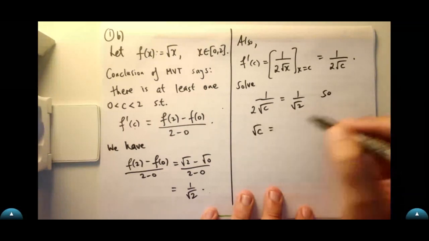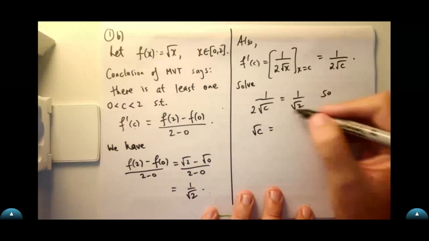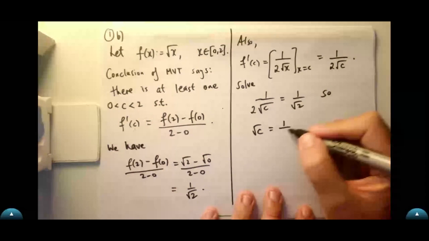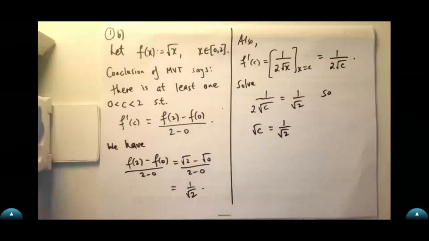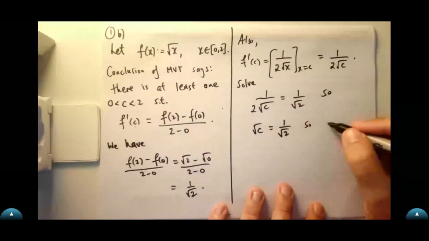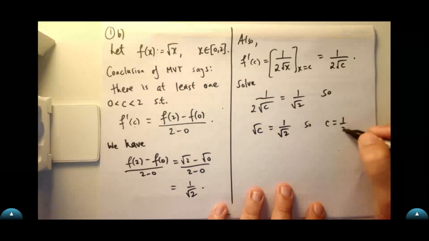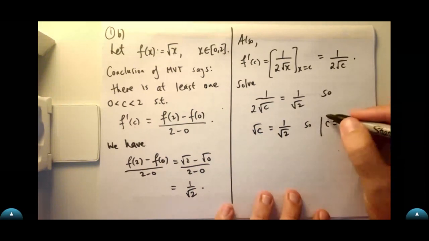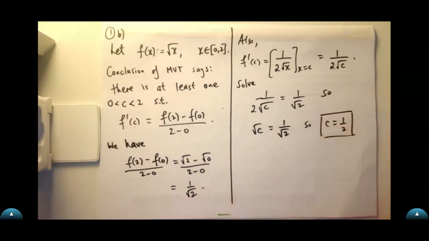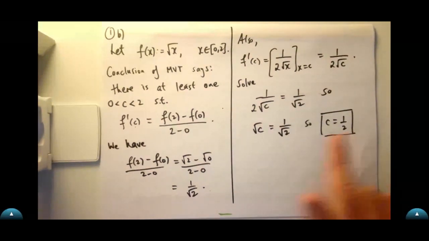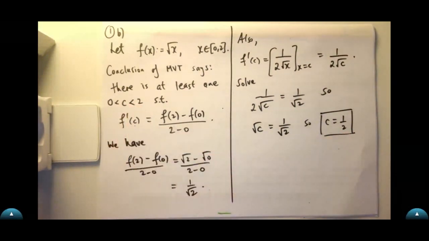We get root c equals root 2 on 2, which is just that. So c equals 1/2. Is that between 0 and 2? Yes.